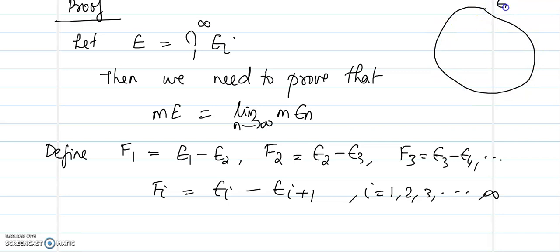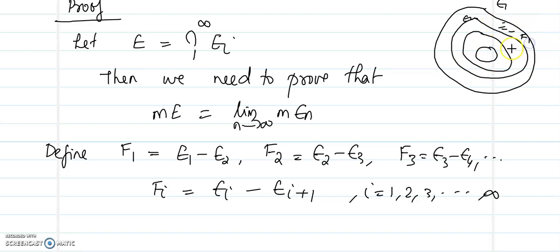If this is E_1, and this is the set E_2, then E_3, E_4, like this, then the region in between will be our F_1, the set coming in between will be F_2, then F_3. Now this last one will be the intersection of E_i, that will be equal to E.